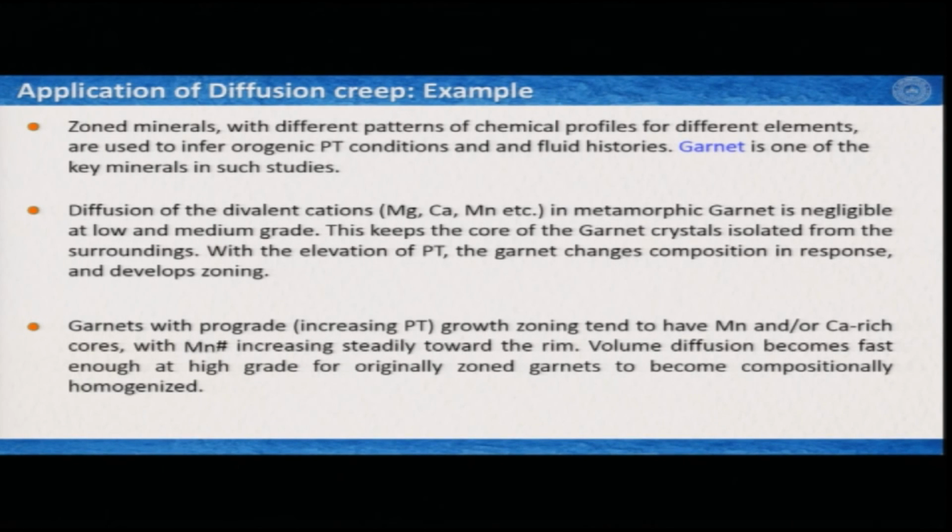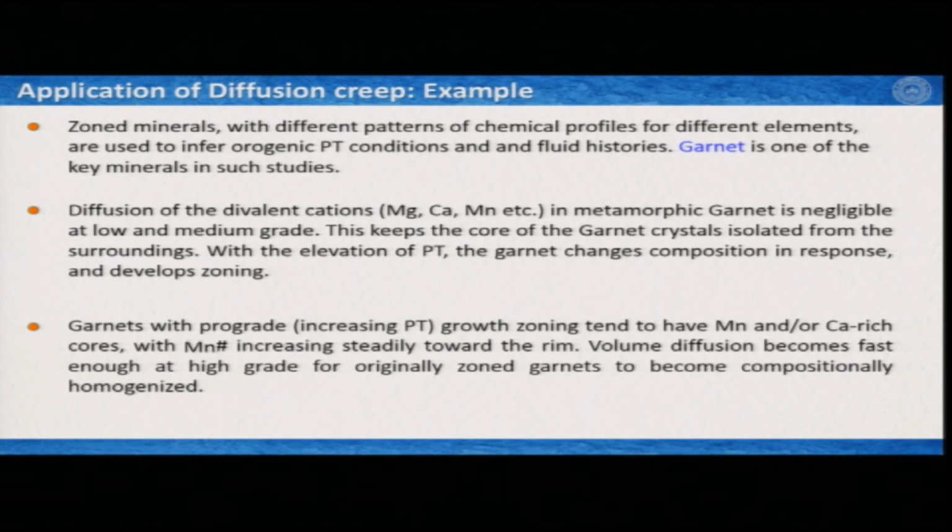Several studies have shown that garnets with prograde growth zoning tend to have manganese or calcium rich cores, with manganese number increasing steadily towards the rim. So volume diffusion becomes a very fast process at high grade for originally zoned garnets to become compositionally homogeneous.